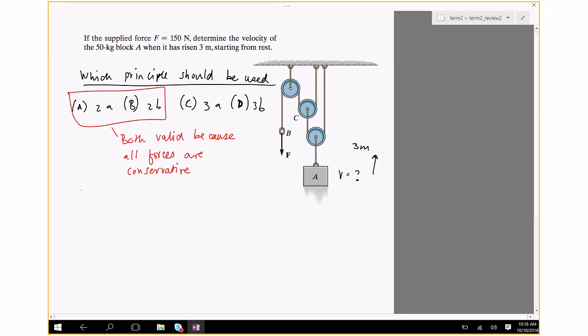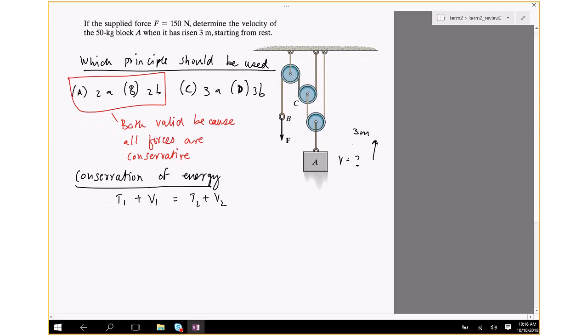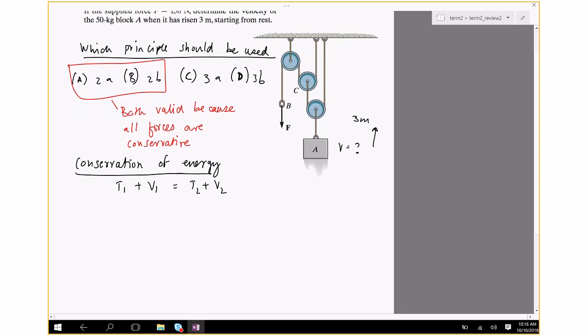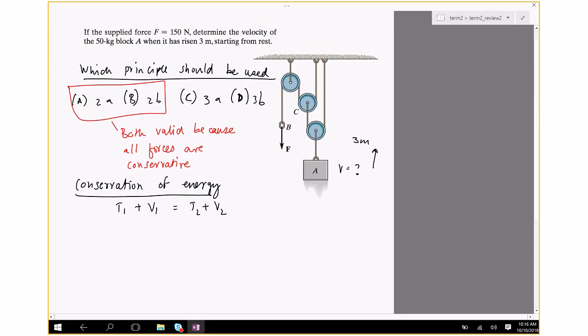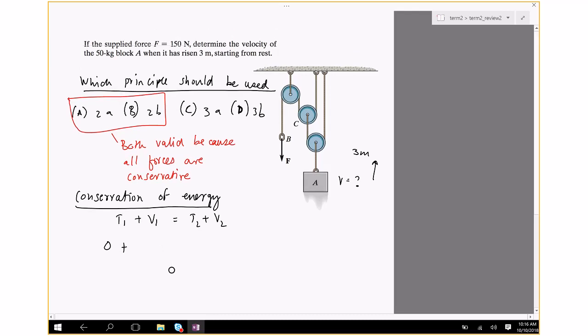So 2 is conservation of energy, or T1 plus V1 equals T2 plus V2. Since the block starts from rest, the initial kinetic energy is 0. For the potential, we need to decide a datum.